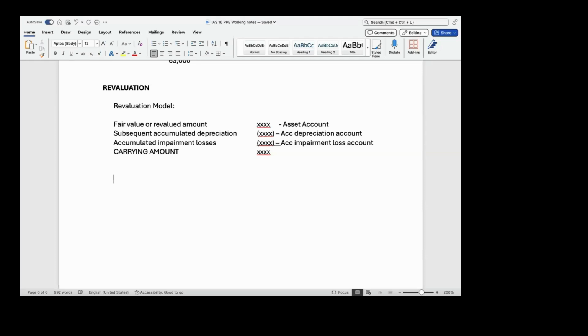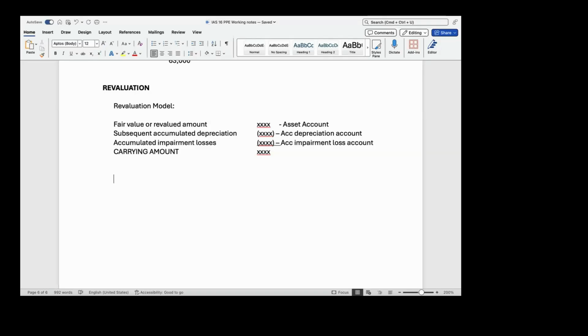When an entity uses the revaluation model, which goes to show that they would have to get the market value or the fair value of that asset, it then means that there would always be changes in value of that asset at a point in time.